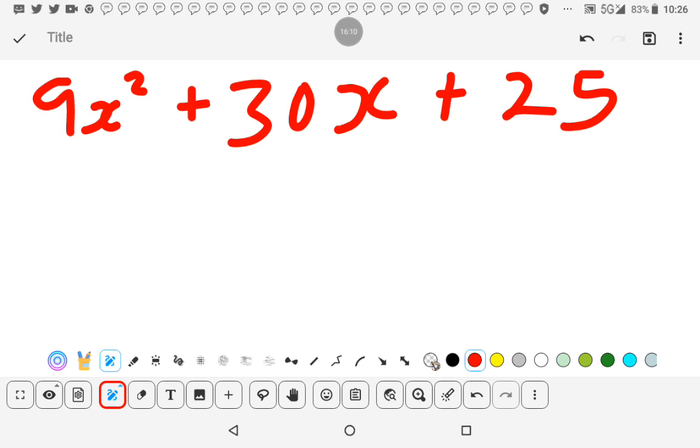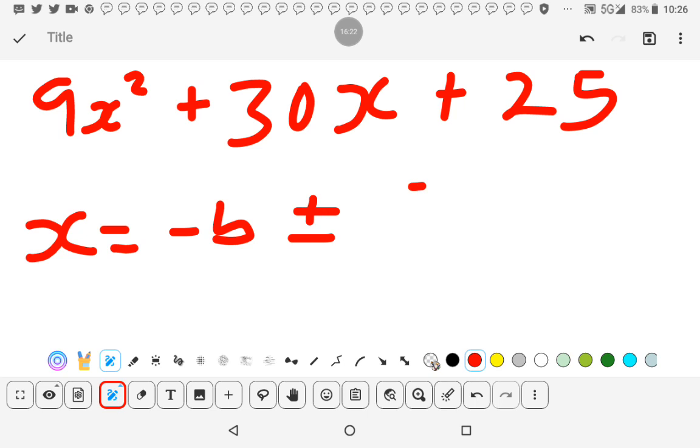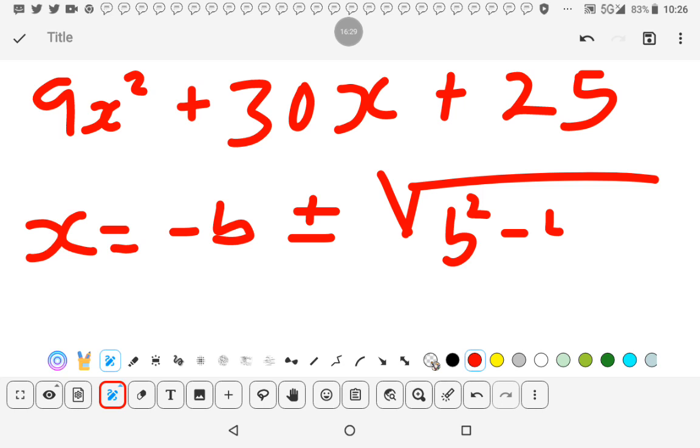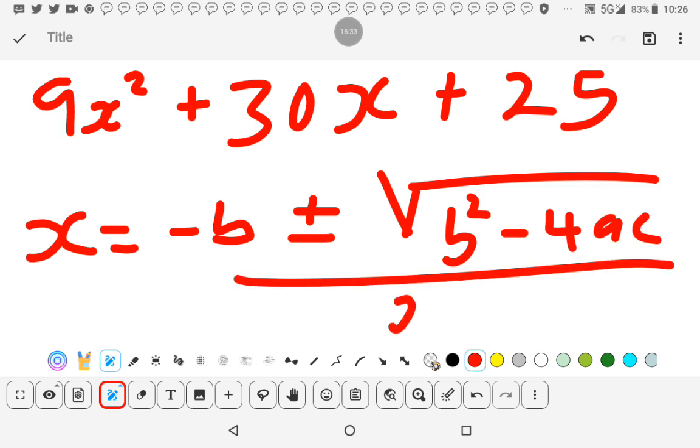So let's say that we are asked to solve for x. So we are going to solve for x using this formula: x is equal to minus b plus or minus the square root of d, which is the same thing as b squared minus 4ac, all divided by 2a.